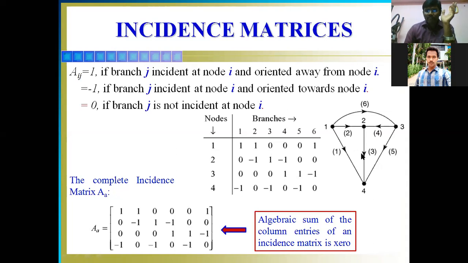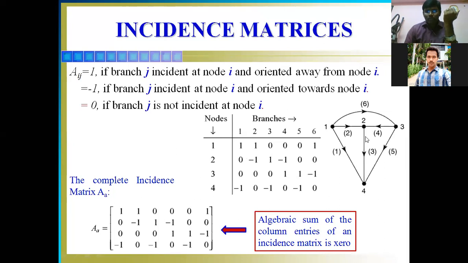For 3, current is leaving from node 2, so take +1. For 4, current is entering into the node, so -1. Entering is minus, leaving is +1. Then the remaining elements, except 2, 3, 4, should all be 0.